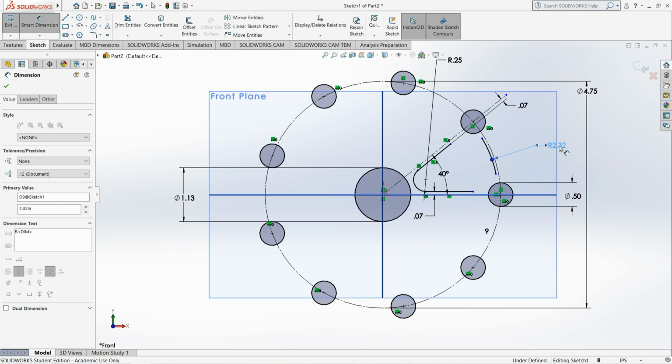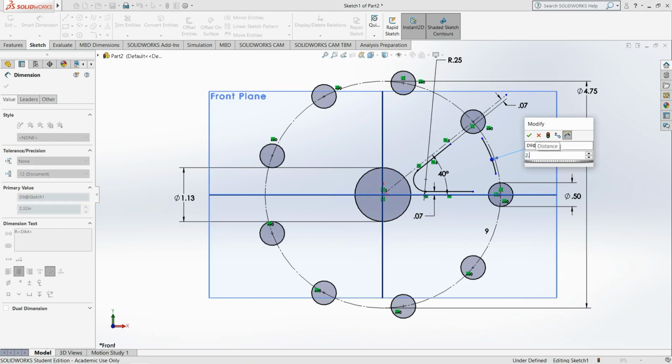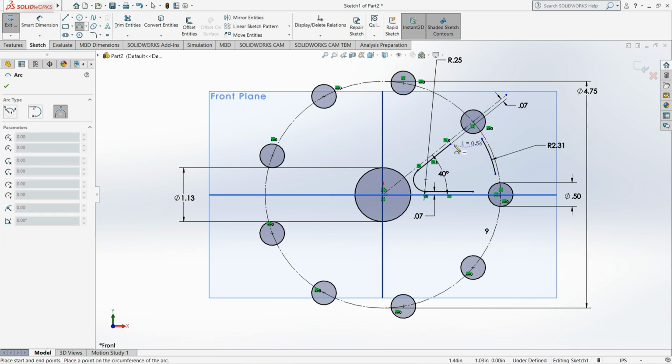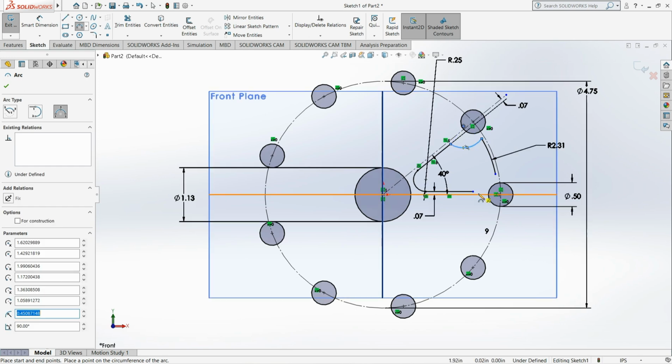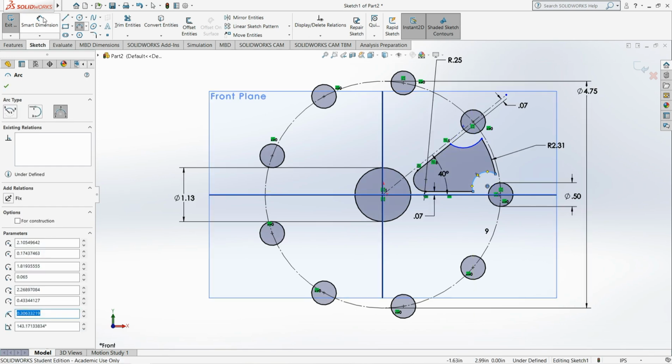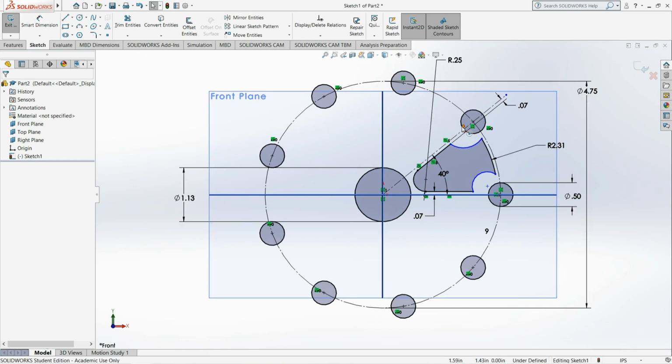Sorry, I put 3.32. It will be 2.31. Okay, now I will make some more radiuses. At first I put any arbitrary radius, then I will put the dimension. No, I cannot put a dimension here.